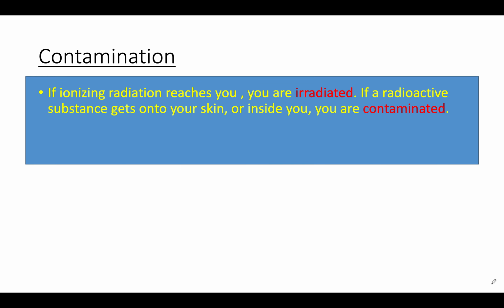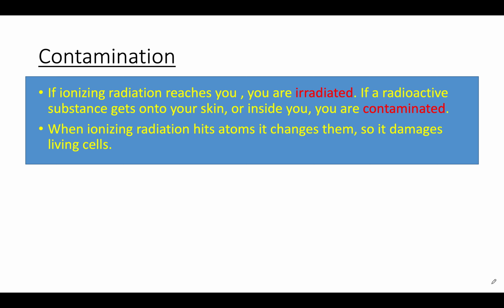And what that means is if some radioactive substance attaches to something else, so it's mixed in maybe, or if you are exposed to, hopefully not, a radioactive isotope, maybe a powder, and that powder gets onto your skin or gets inside your body, you are said to be contaminated, and that means that you contain these radioactive atoms, which will decay and give out radiation.